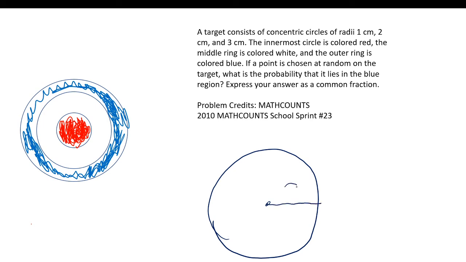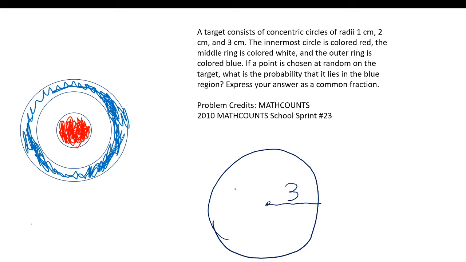Radii 1, 2, and 3. The outermost circle right here has a radius of 3. And you could just say, well, we can count the possible outcomes by maybe listing them out, or maybe throwing this on the coordinate plane.